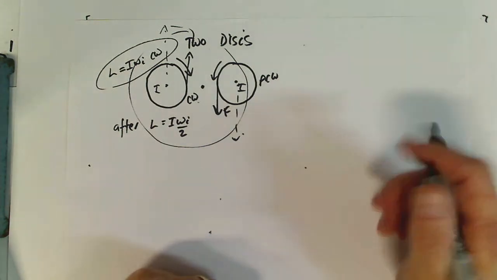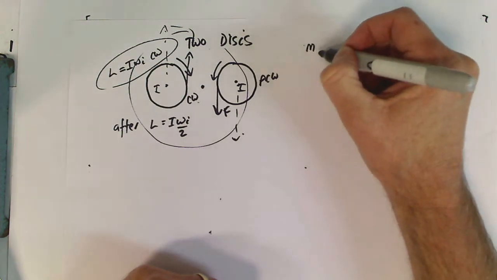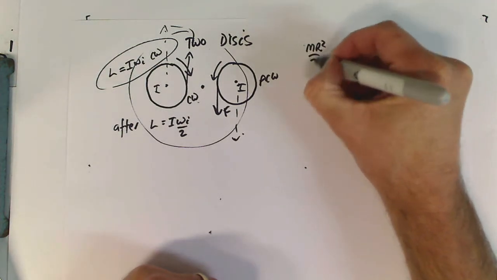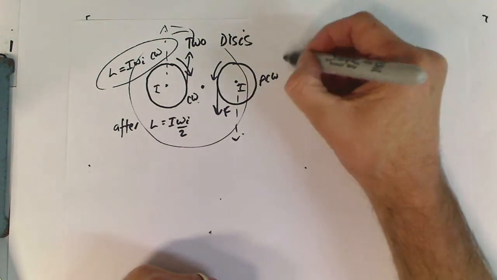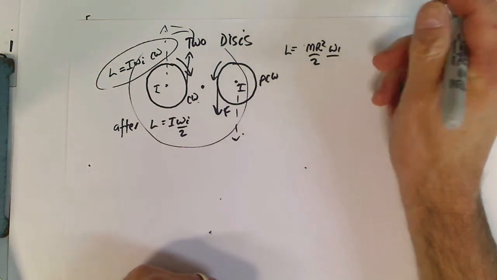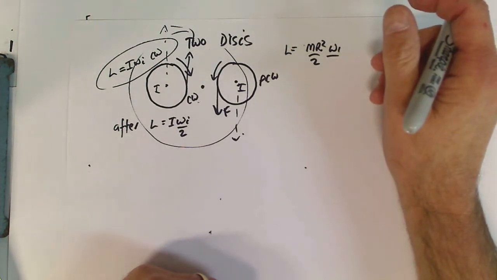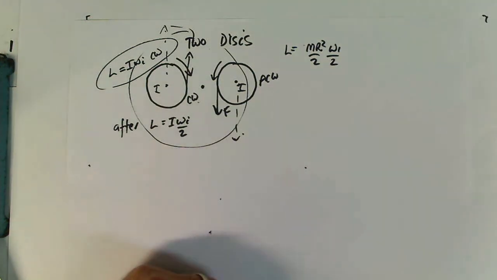The angular momentum they both end up with, these little disk guys have a rotational inertia of mr squared over 2, and we're saying that afterwards the omega I is going to be also over 2, because it's cut down in half. Alright, so what we want to do is have a little think about the acceleration.